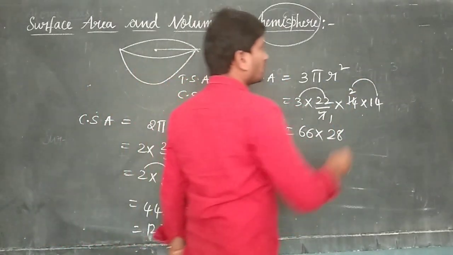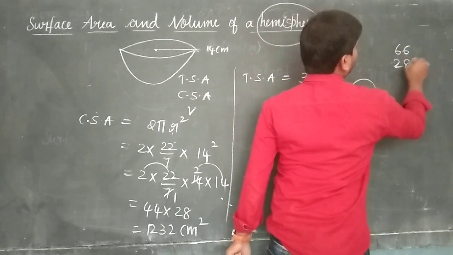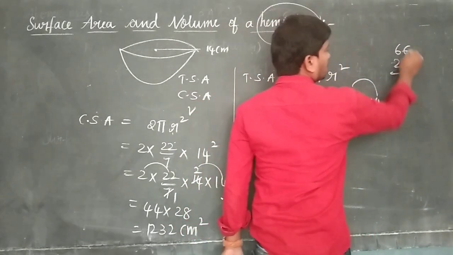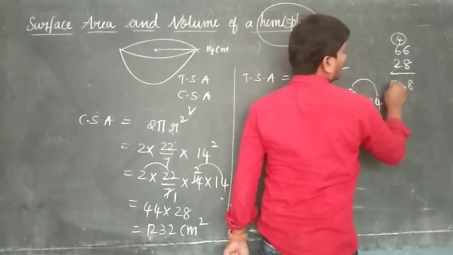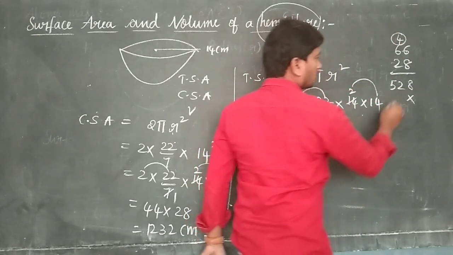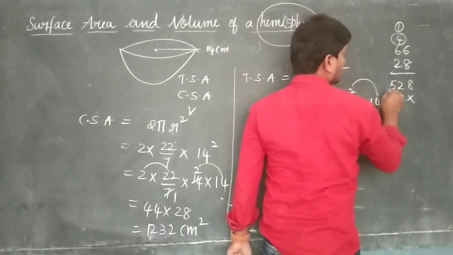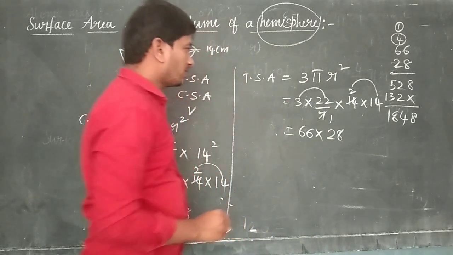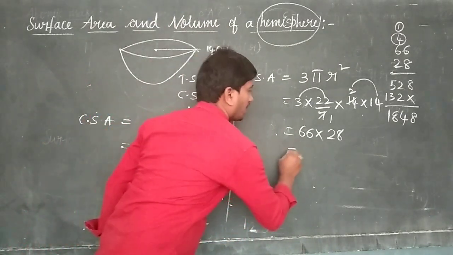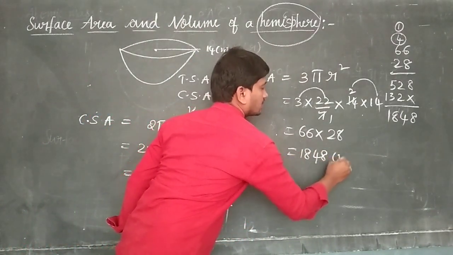Multiply 66 into 28, which is equal to 1848 centimeter square.